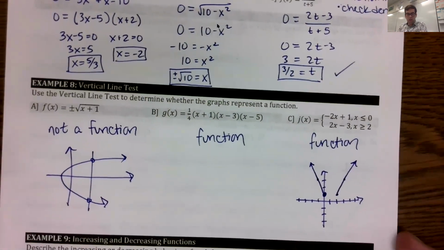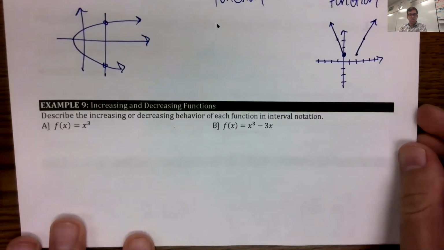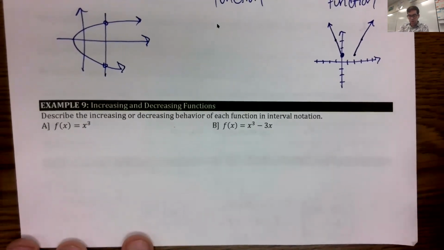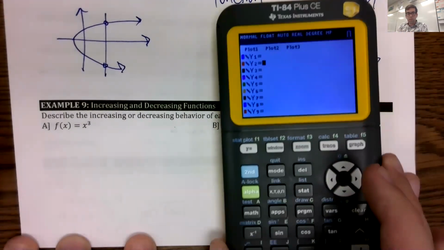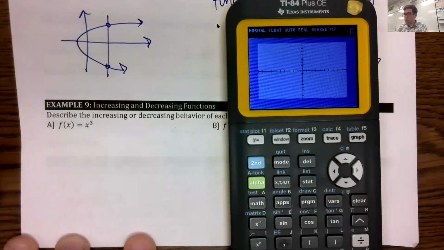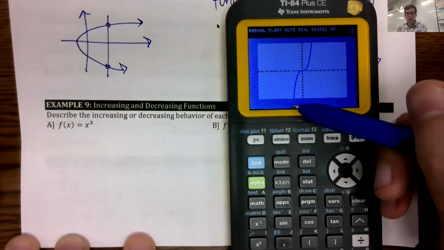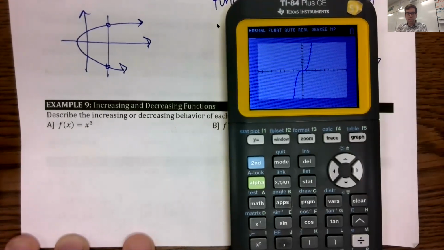All right, that brings us to example 9, increasing and decreasing functions. Find the increasing or decreasing behavior of each function in interval notation. All right, so let's take a look at this. x cubed, I'm going to take a look at the graph. And this is actually always increasing, right?